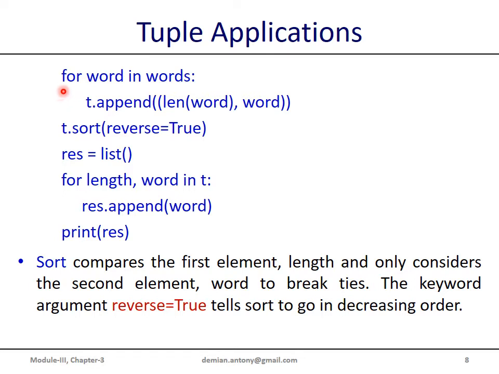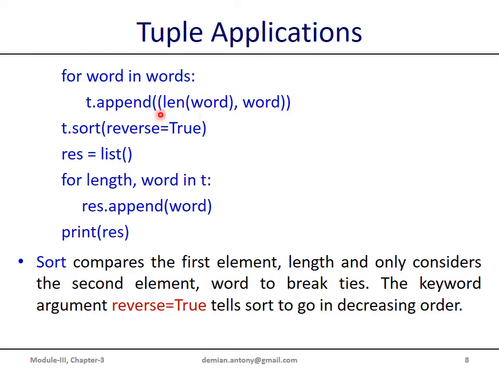And I have to create this list of tuples T for all the words present in the list called words, which I have already created. Words is a list of words, and for each word I am going to add into the list of tuples, that is T is a list of tuples.